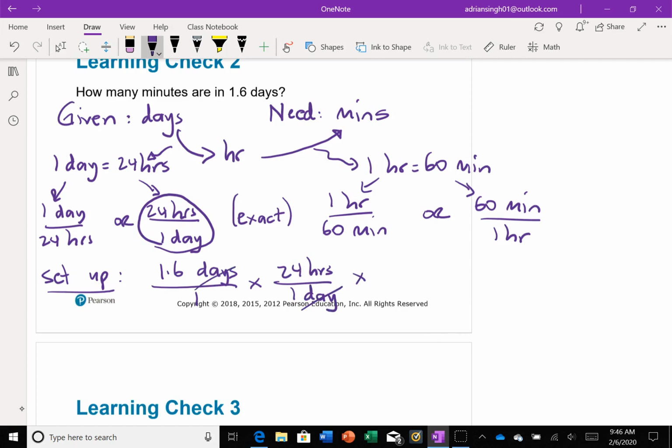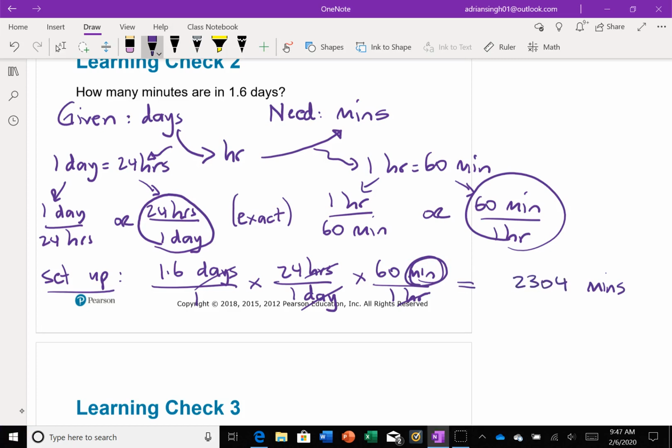So day can cancel. And then our second step here is going to get us to minutes, so we need minutes on top. So 60 minutes for every 1 hour, and hours can cancel. So we end up with minutes as our only unit, which makes sense. That's what we needed. And all we have to do is to evaluate this. So this is going to give us 2,304 minutes if you stick that into your calculator.